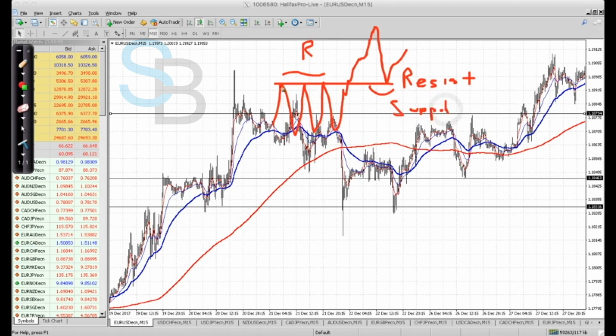So this is test 1, test 2, test 3, test 4. This is considered a test of that level as well.